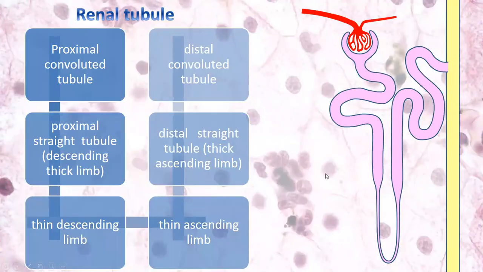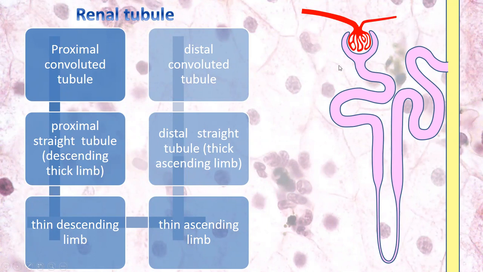And now we are going to the structure of the renal tubule, and you know that it contains proximal convoluted tubule, proximal straight tubule, thin tubule, thin descending and thin ascending limbs, distal straight tubule, and distal convoluted tubule. And collecting duct, it's not a part of the nephron, so it's a distinct structure, but also it participates in urine formation.